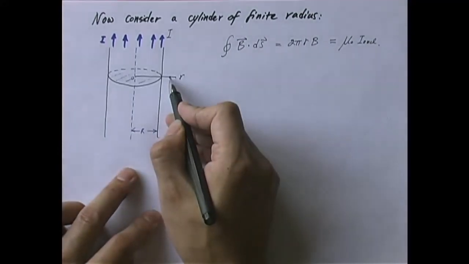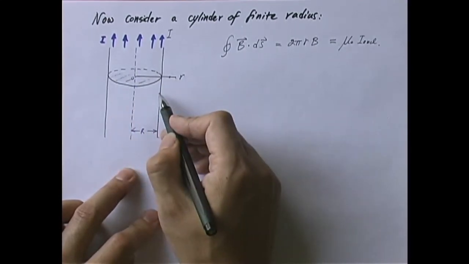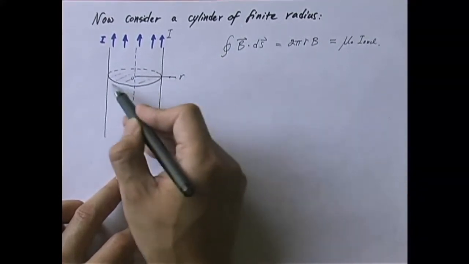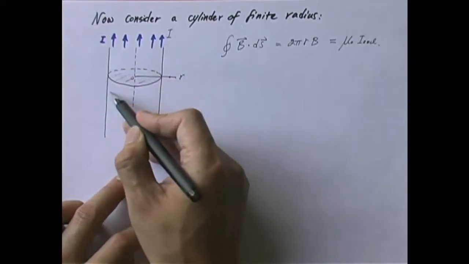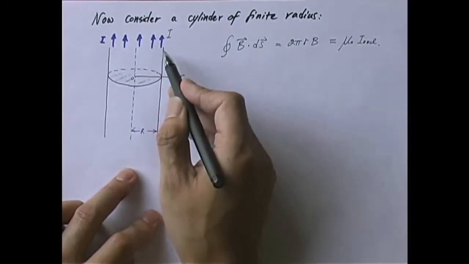If it is more than the radius, then you're looking at the magnetic field lines outside this cylinder. How much current do you enclose? Well, you draw an Amperian loop like that, and you enclose the entire current.